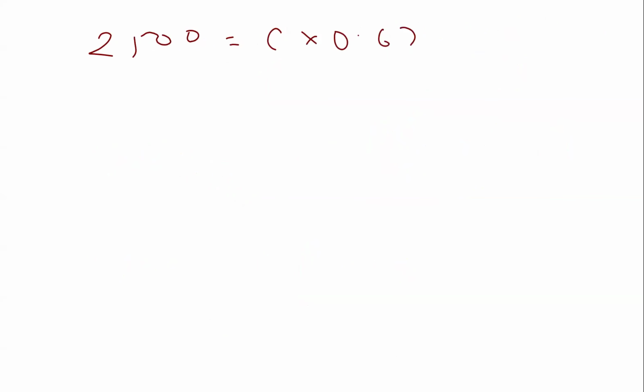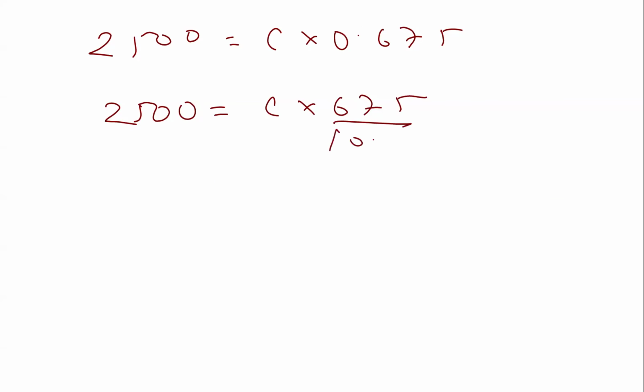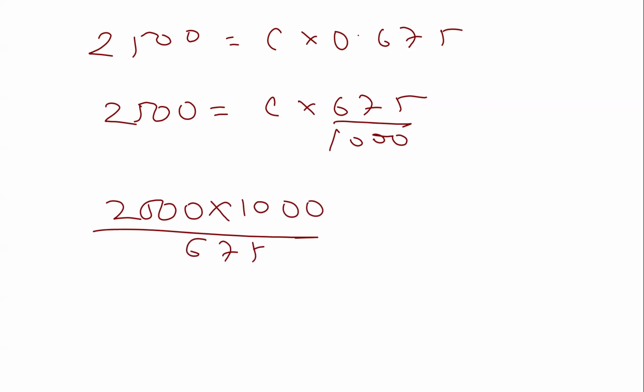C into 0.675, so 2500 is equal to C into 675 upon 1000. 2500 into 1000, cross multiply this, upon 675 is equal to C. Okay, so we'll reduce this with 5. 5 5s are 25. 5 1s are 5. 675 divided by 5, you can do it separately also, instead of reducing, so that there is no calculation error.